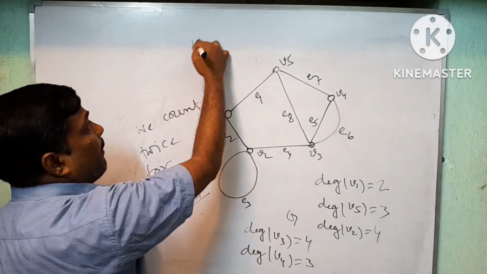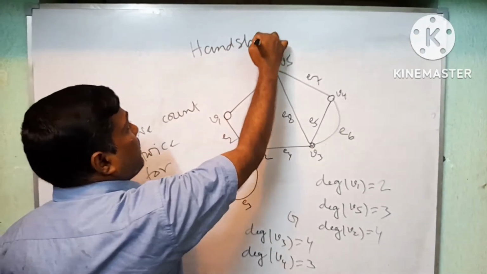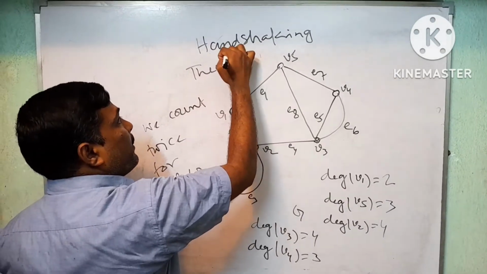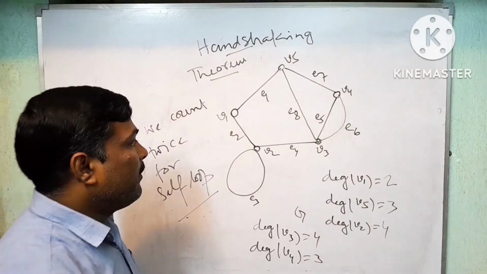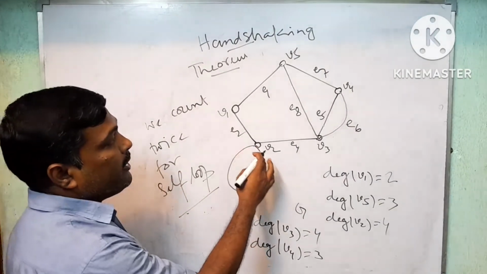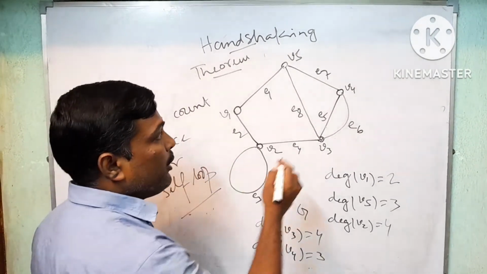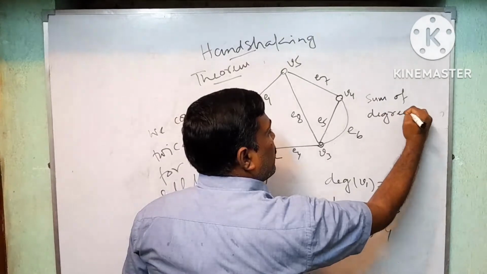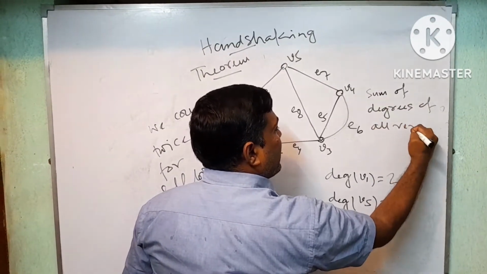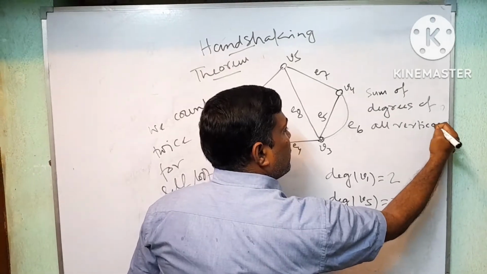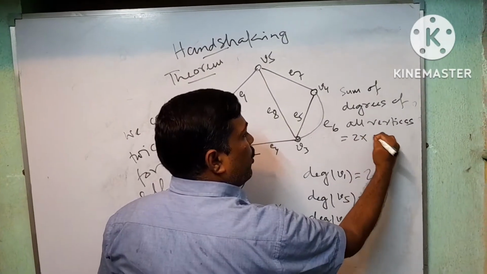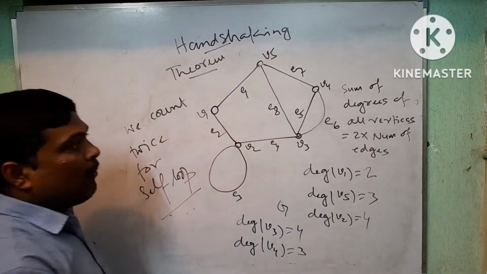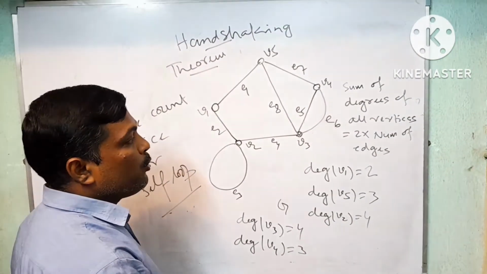Now what is the handshaking theorem? Handshaking theorem: for any graph, the sum of degrees of all the vertices of the graph is 2 times the number of edges.